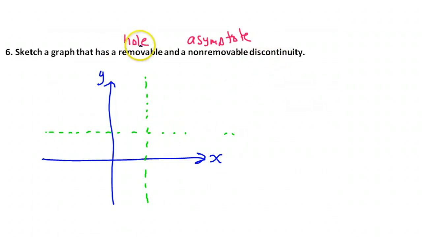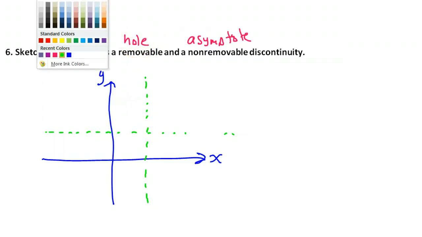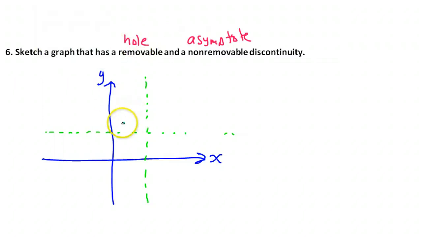Okay, so I just need to put a hole in here somewhere. So I'll just throw a hole in like here. Okay, so if I could have a graph doing something like this. Okay, so there's a removable discontinuity as well as my asymptotes, which are non-removable. So something like that. So just looking for an asymptote and a hole.